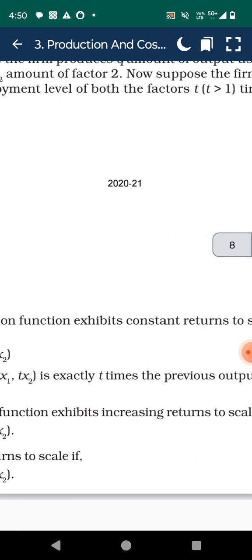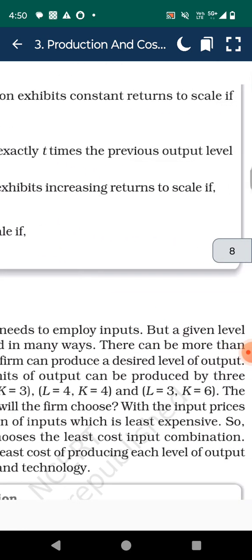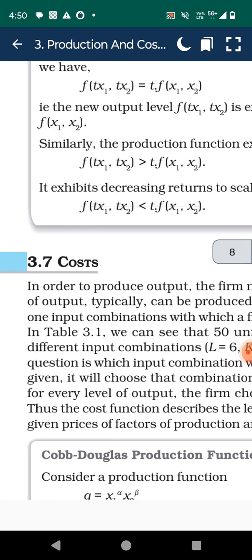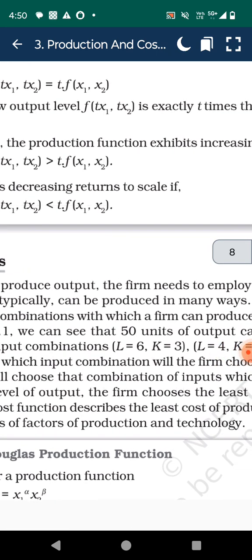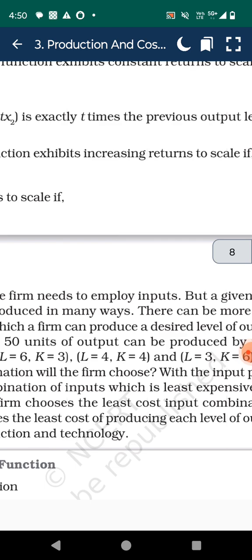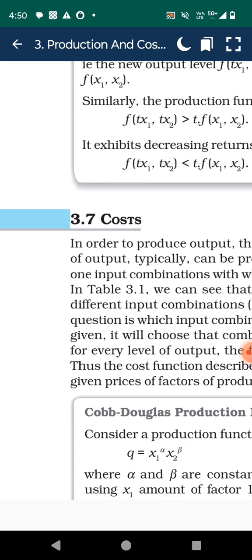Mathematically, we can show the production function exhibits constant returns to scale if f(t x1, t x2) equals t f(x1, x2). That is, the new output level f(t x1, t x2) is exactly t times the previous output level f(x1, x2).